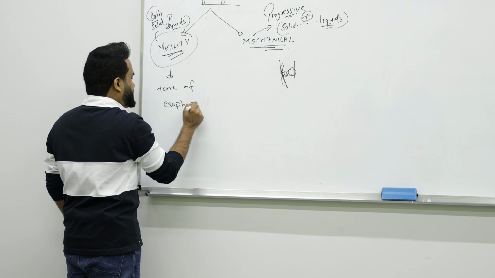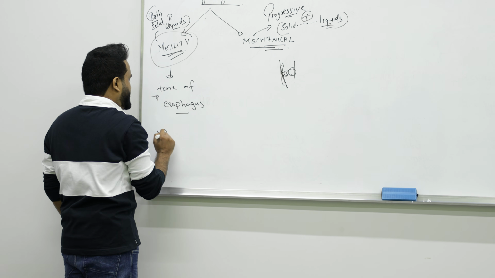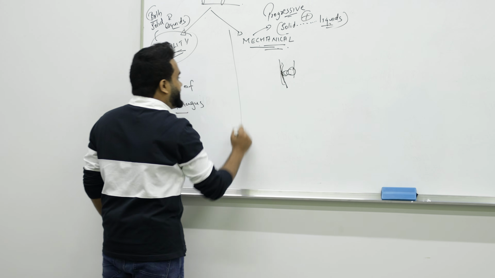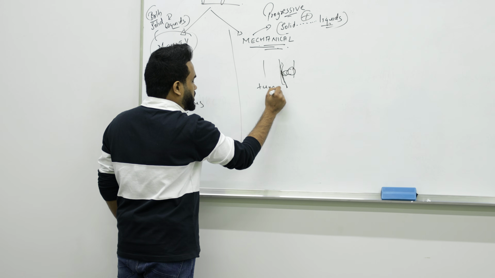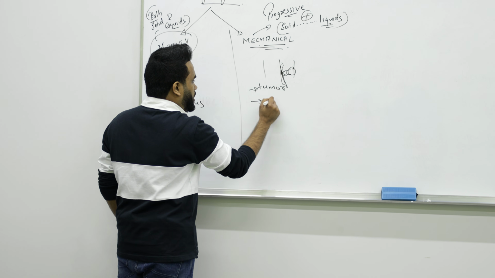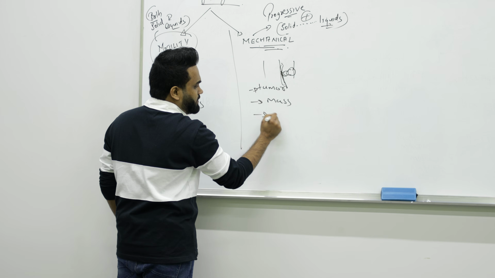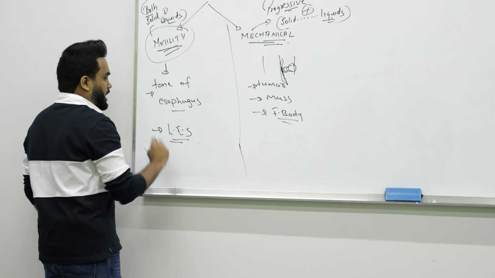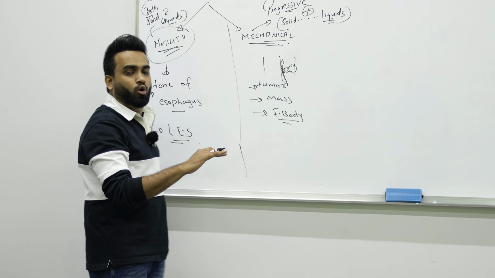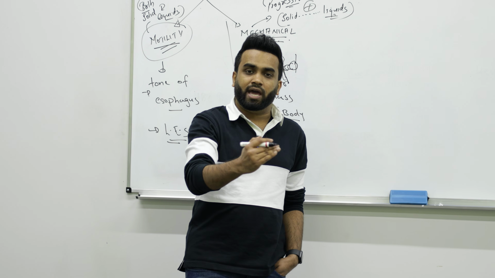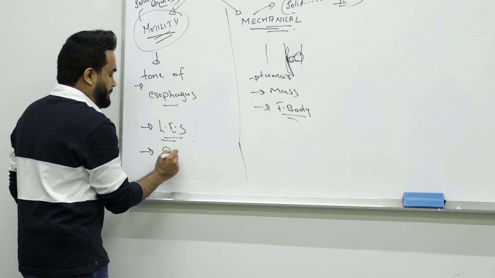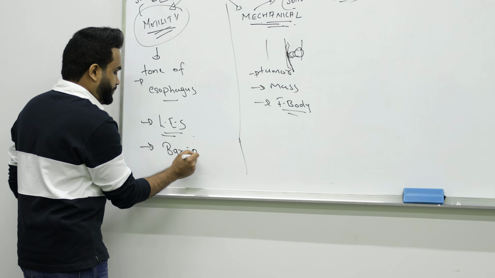So it is a tone of esophagus. Mainly we are concerned here with the problem in the lower esophageal sphincter. Here it can be a tumor or some mass or some foreign body, we can expect anything. We don't care. In both cases, we do a barium swallow X-ray and an endoscopy and biopsy to make sure.